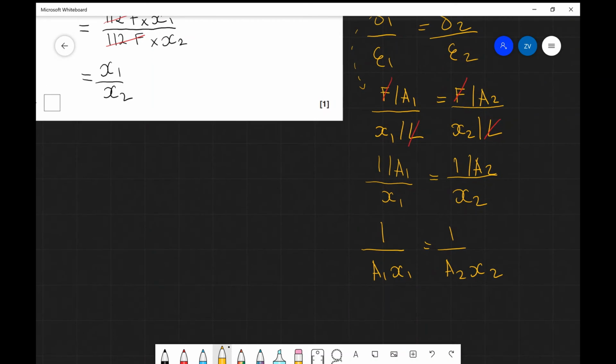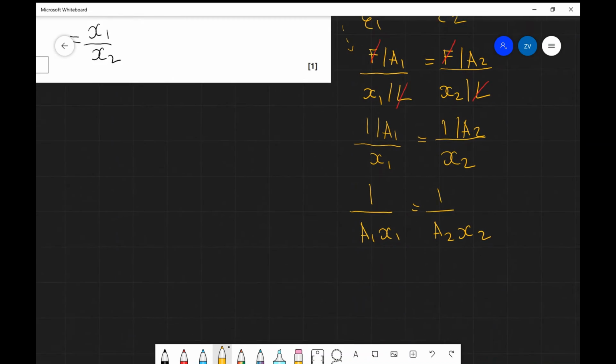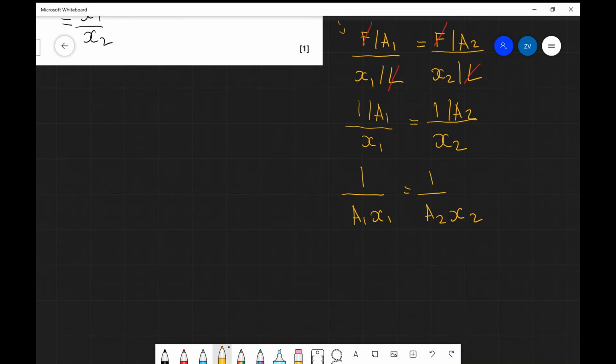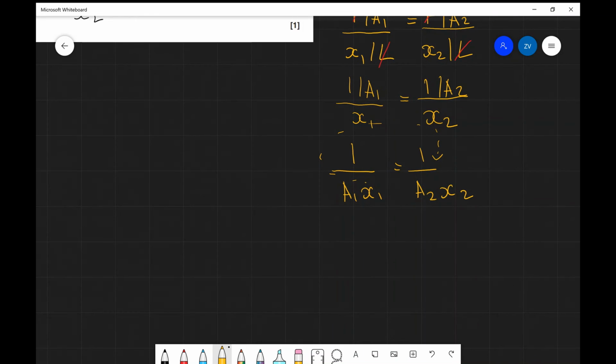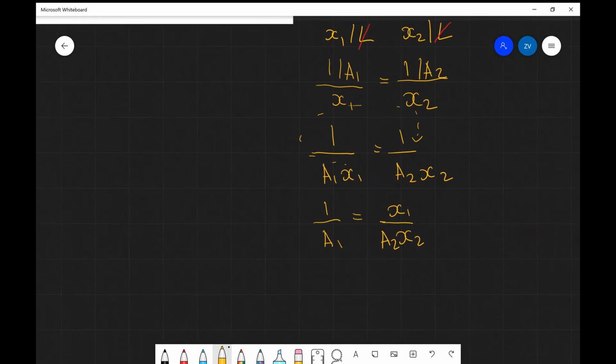Now because I'm looking for the ratio of x1 over x2, I can just rearrange for that. I can bring this over here, no problem. So what I'm left with is 1 over a1 is equal to x1 over x2, and I get a factor of a2 over there, let's not forget that.